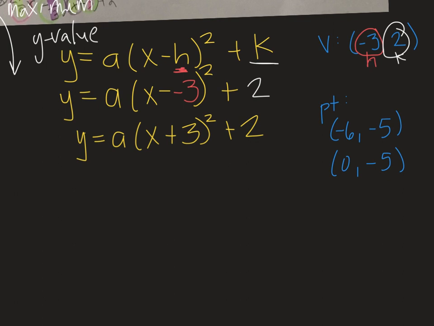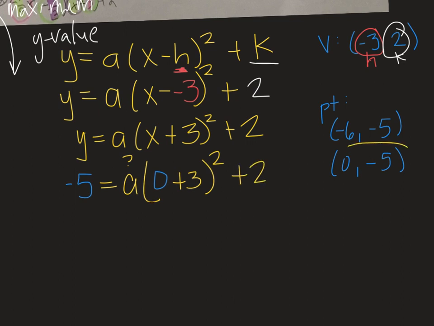All right, so I'm going to plug in 0 for x, that's your x, negative 5 for y. You ready? Negative 5 is my y, equals a. That's kind of why I'm doing this, that's my question mark. X is 0 plus 3 squared plus 2.